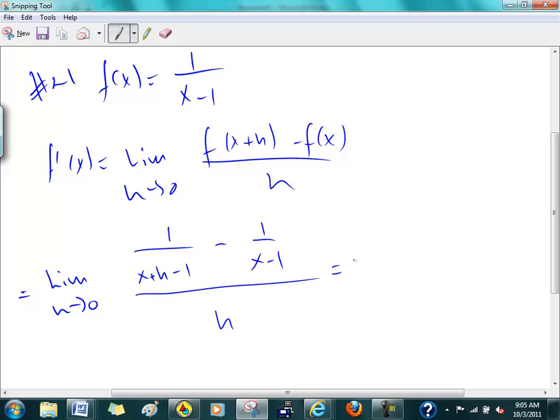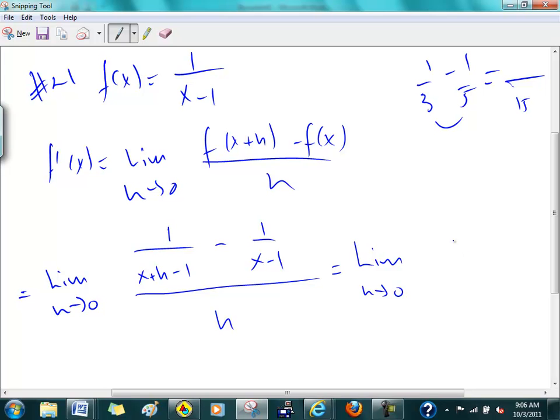So now this is like a fraction. What do you do with fractions? Well, not quite. Yeah? Stephanie? First LCD. Find the common denominator. Right? So remember what you do with this. The common denominator is just the product of these two guys. You with me on that?